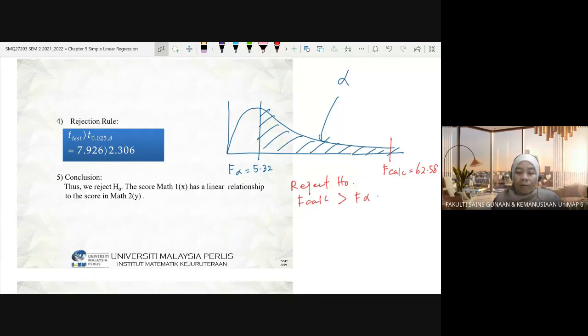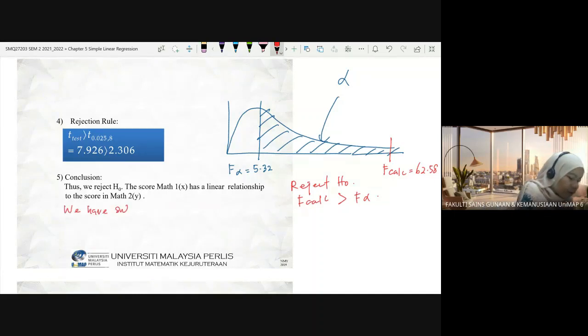But the most precise way to make your conclusion would be, since we reject the null hypothesis, we can say that we have sufficient evidence to conclude that Math 1 and Math 2 have a significant linear relationship. That would be the one I would prefer.